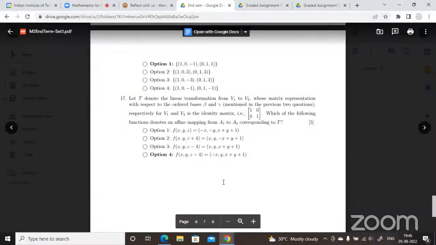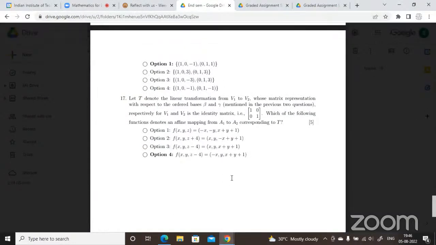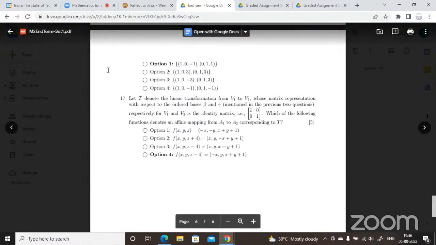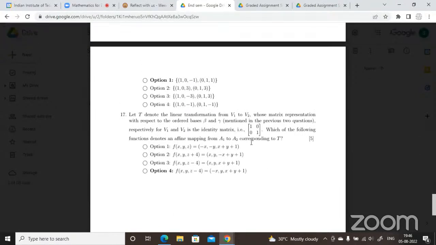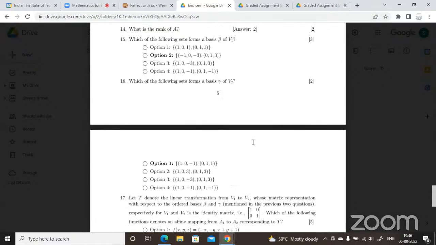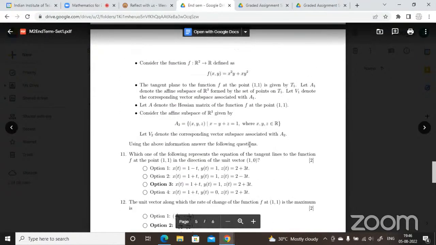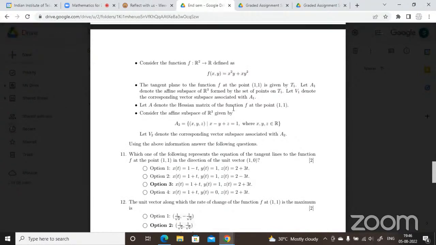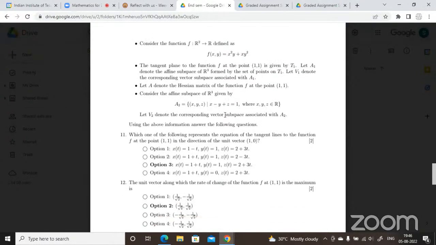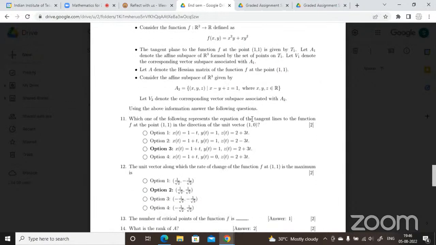Is it this question? Is my screen visible? Yes, ma'am. Okay. So what is happening here? We are given a function, tangent plane, vector space, and then affine space, and all that is done.